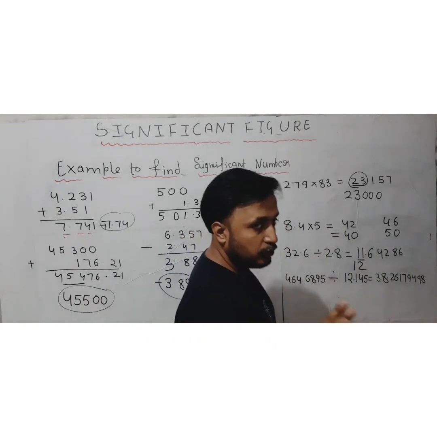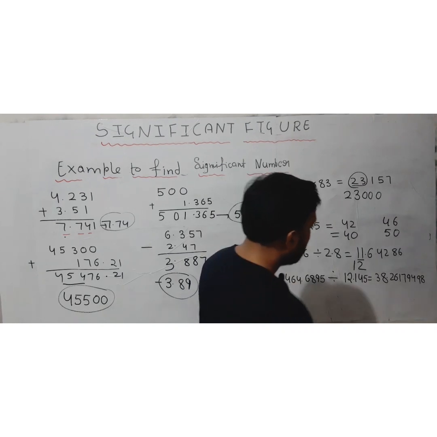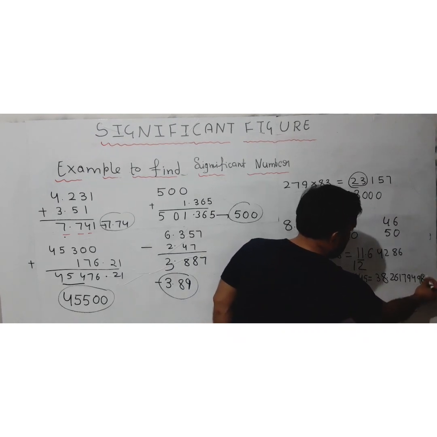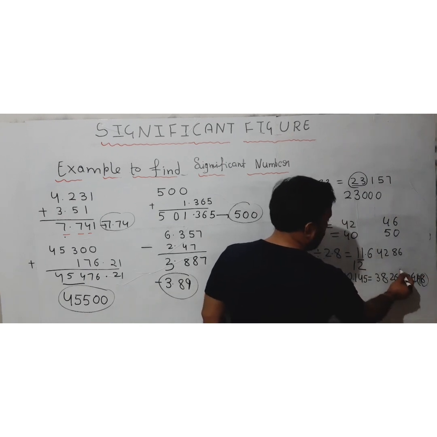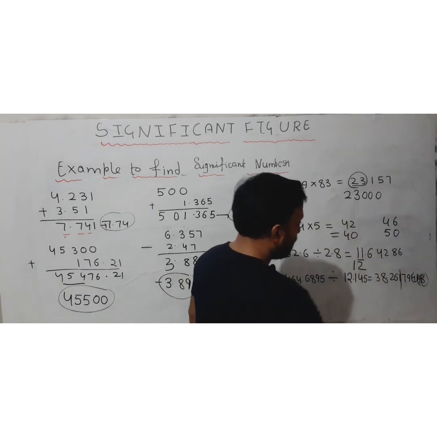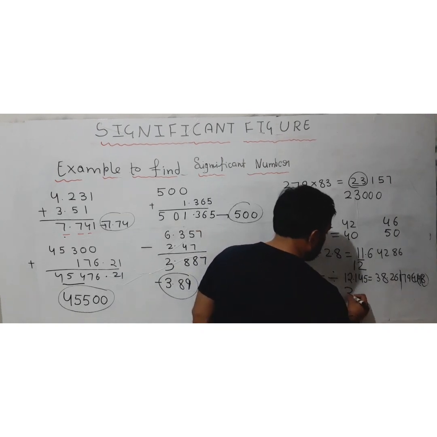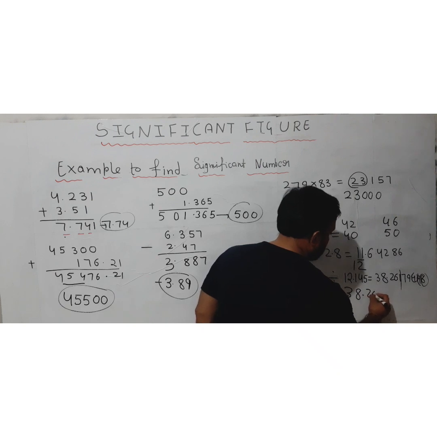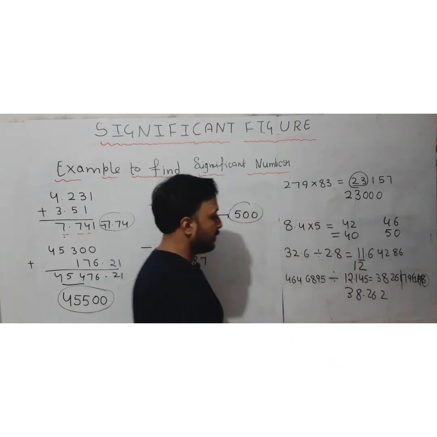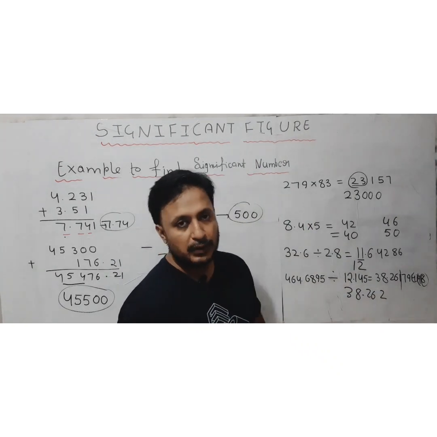So the answer should be in 5 significant figures. So we have to remove 8, 9, 4, because 1, 2, 3, 4, 5, up to this part we have to round off. The last value which is going to be removed is greater than 5, so our answer should be 38.262. That is going to be increased by 1, and that is how the answer should be in a minimum of 5 significant figures.